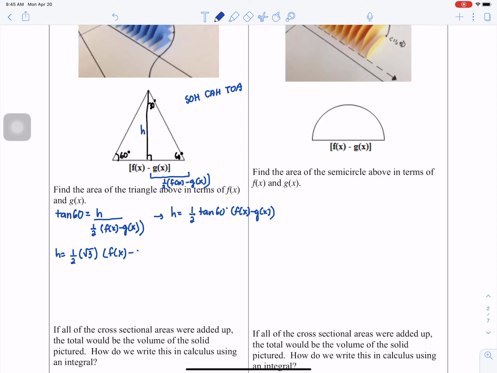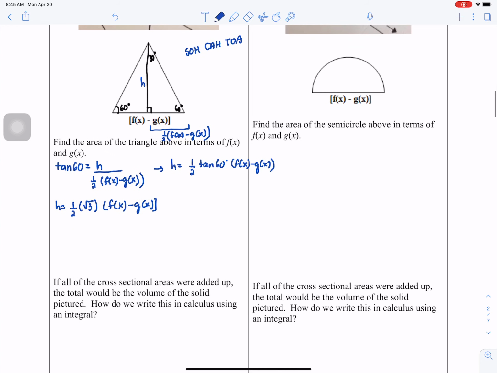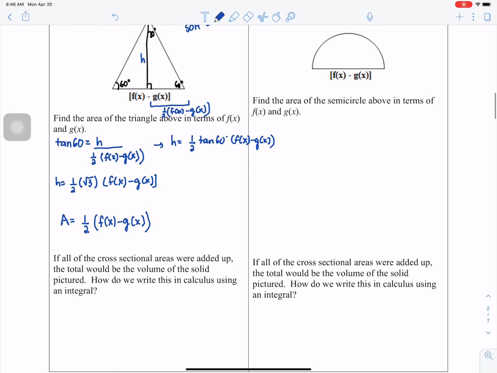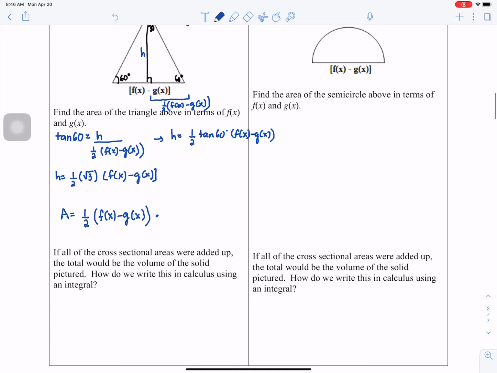That gives me an expression for the height relating to my original variables. So the area of one of these triangles would be 1/2 the base, which is f of x minus g of x, times the height, which we just got, root 3 over 2 f of x minus g of x.